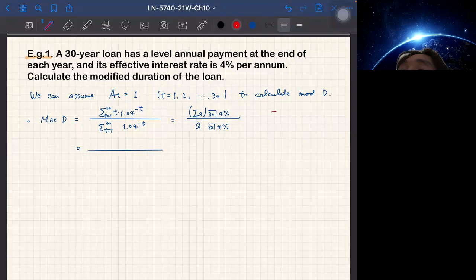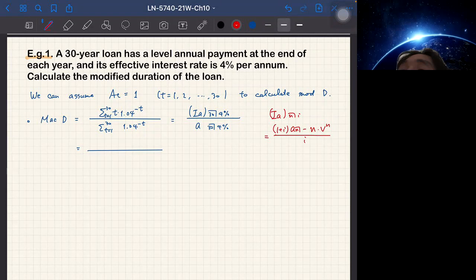And remember that the increasing annuity, for any n years at the interest rate of i, is equal to 1 plus i times a-angle-n minus n times v to the power n, over i.